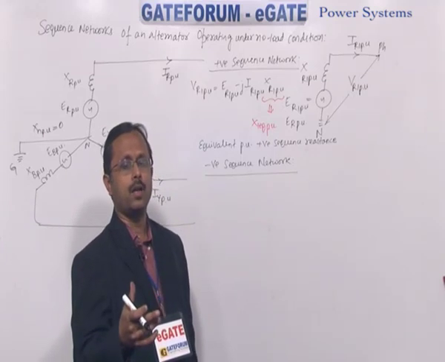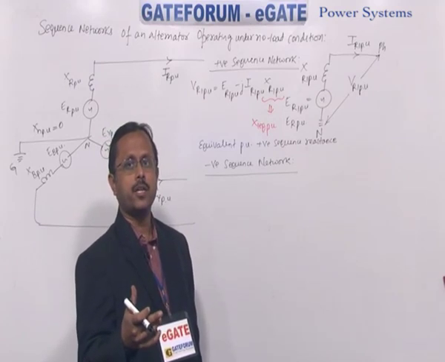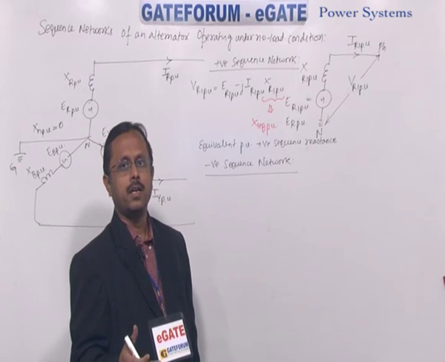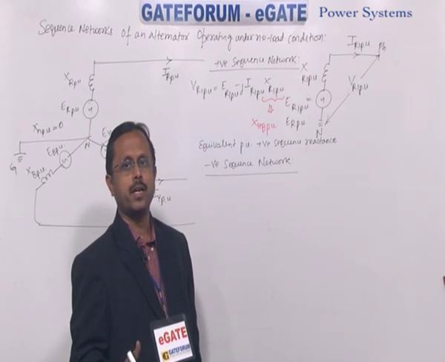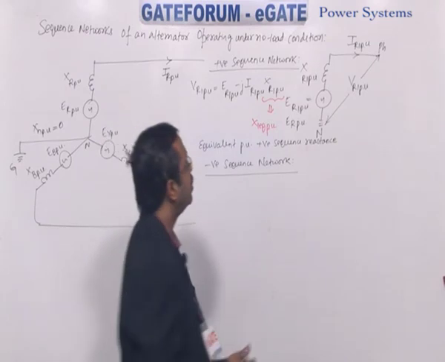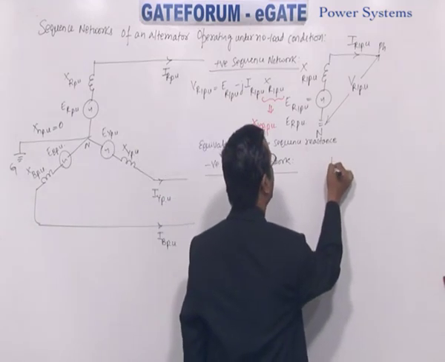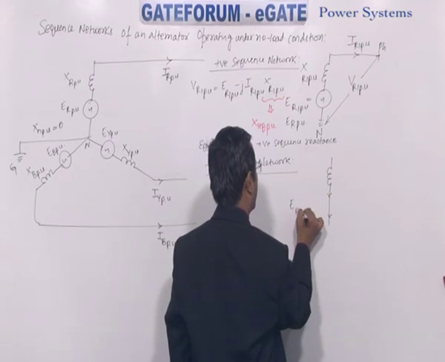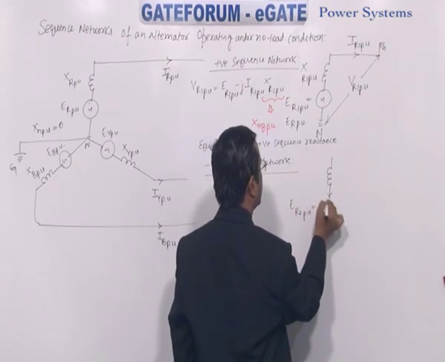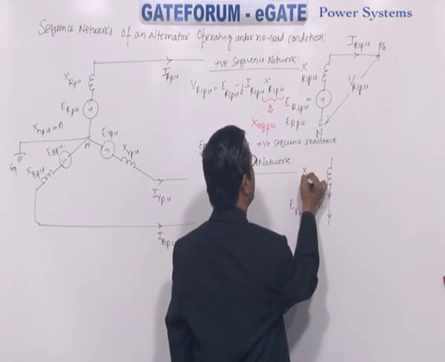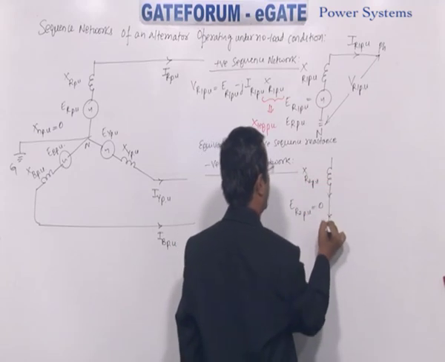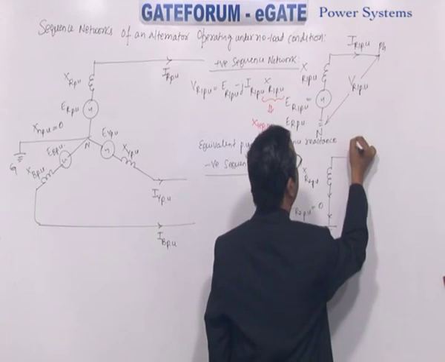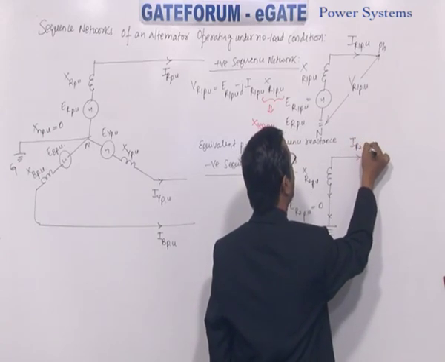Already we have proved the negative sequence EMF generated ER2 per unit equal to 0. So ER2 per unit is 0. So represent like this. You have XR2 per unit. Here say the current flowing is IR2 per unit.